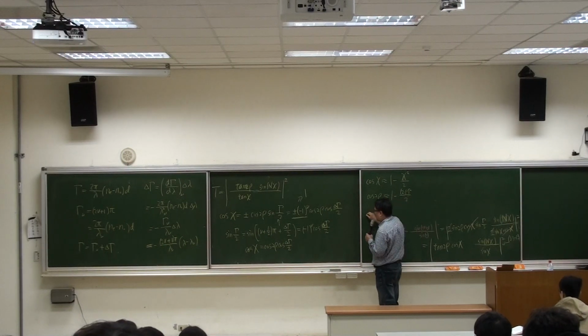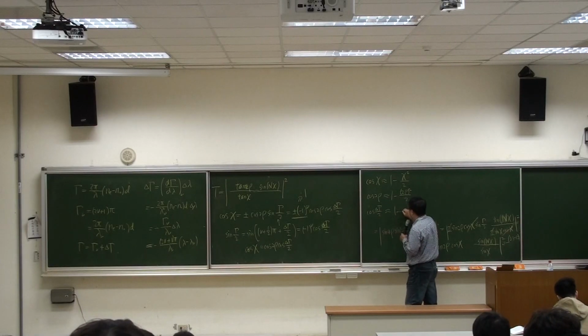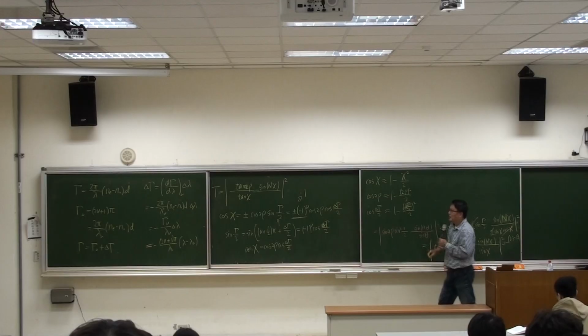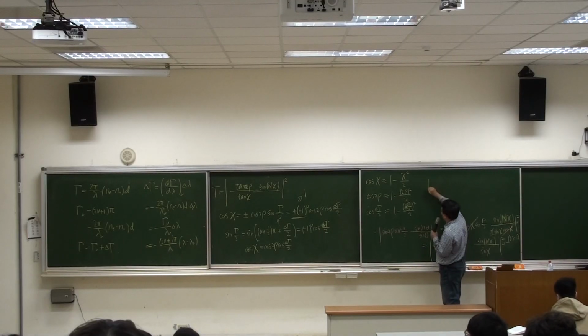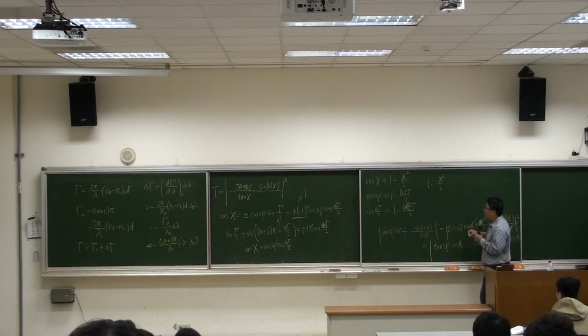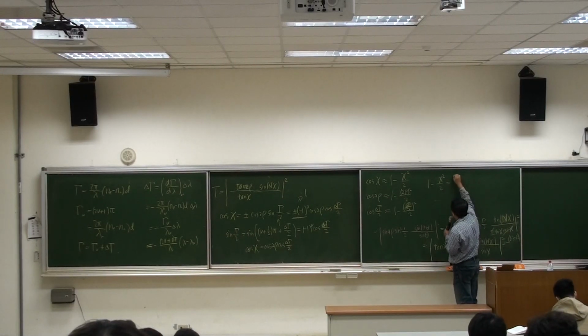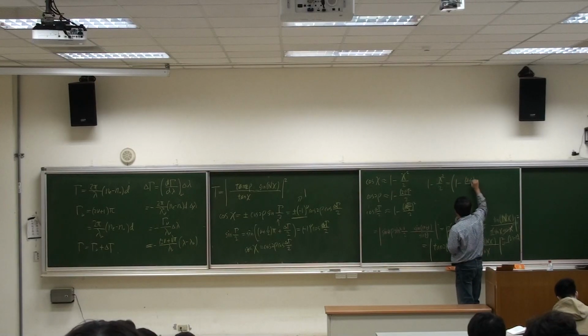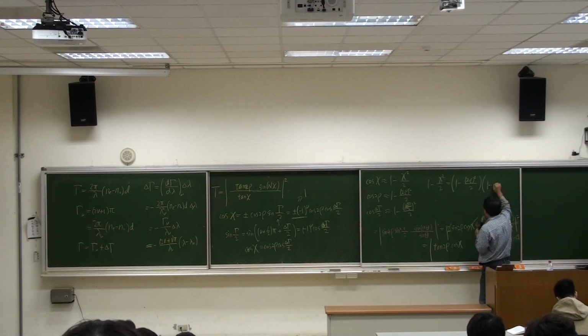And cosine half delta gamma can be approximated as 1 minus half of half delta gamma squared. Okay. So now we have 1 minus 1/2 chi squared equal to the multiplication of this and this.